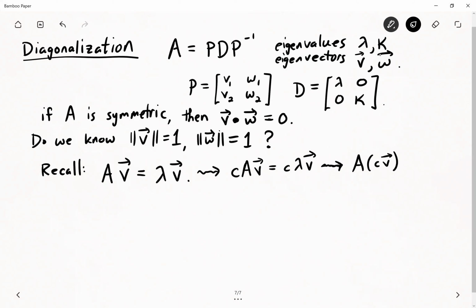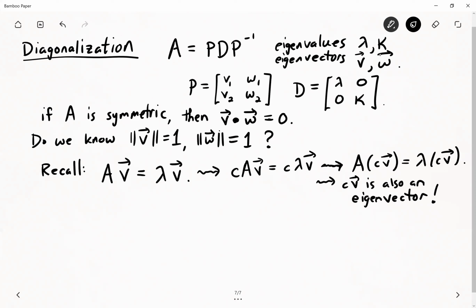A times C times V is equal to lambda times C times V as well. In other words, C times V is also an eigenvector. In other words, any multiple of an eigenvector is also an eigenvector.